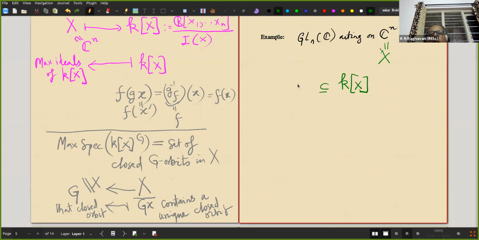If I look at the invariant ring, it turns out that there are no invariant functions other than constants. So there is really a single closed orbit, and that corresponds to the max spec of this. And this has only one max spec, namely the zero ideal. So this is X, this is V, this is the single point.